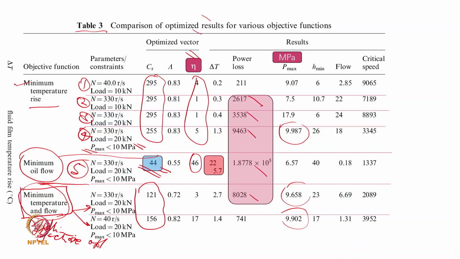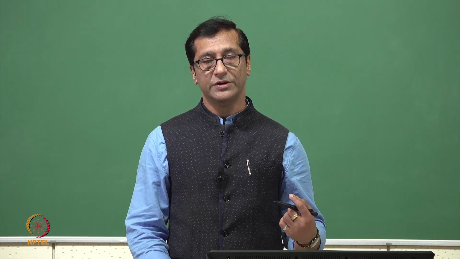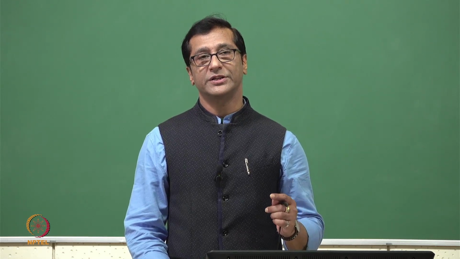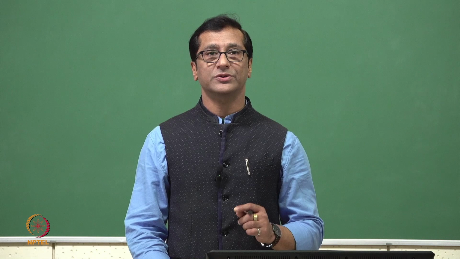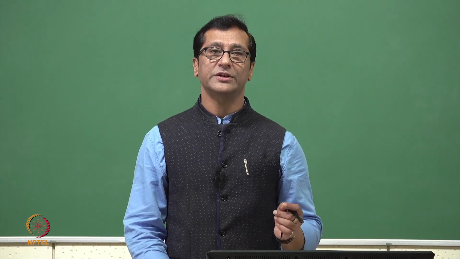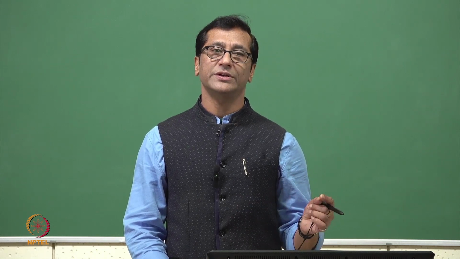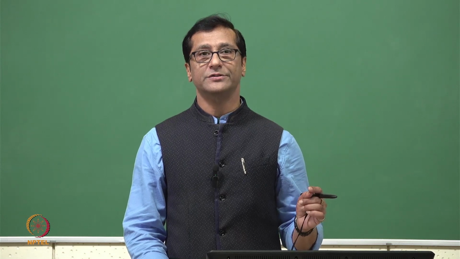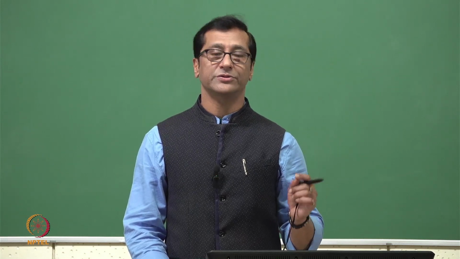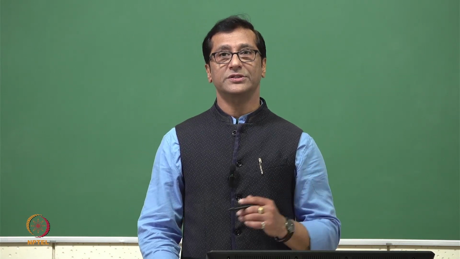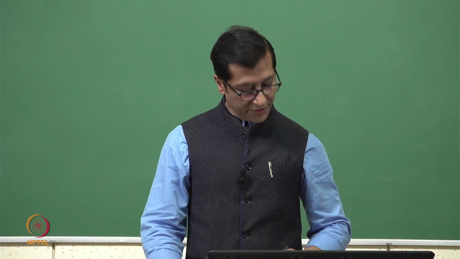So we really need to see from that angle the impact of each parameter. When we are talking about optimization with respect to only minimum temperature rise, the parameters are totally different. When you are talking only about minimum oil flow, the parameters are different. When we are talking about the multi-objective, the parameters are different. So this is a very important aspect to keep in mind.